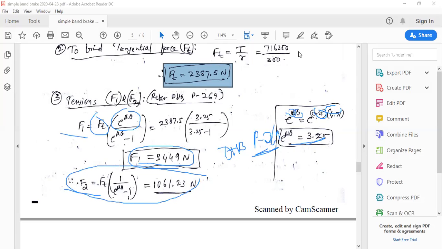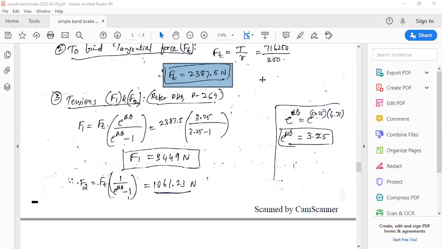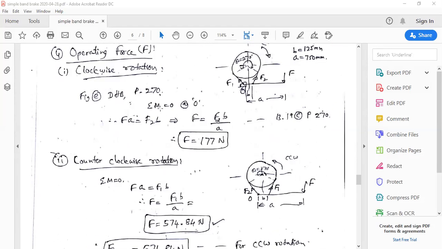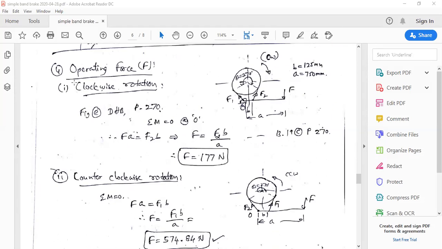Once you get these two values, the next step is to calculate the operating force for clockwise rotation and for anti-clockwise rotation. For clockwise rotation, again we have to refer to the data handbook figure E and page number 270. According to the given statement, one end is fixed at the fulcrum and the other end is at a distance B, that is 125 mm, and A, the total length of the arm, is 750 mm.